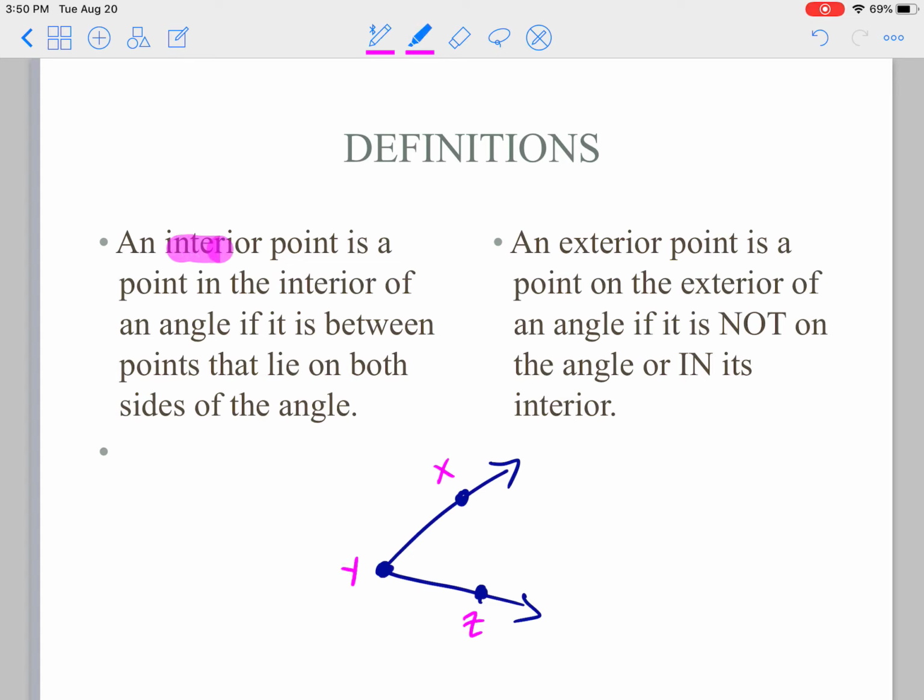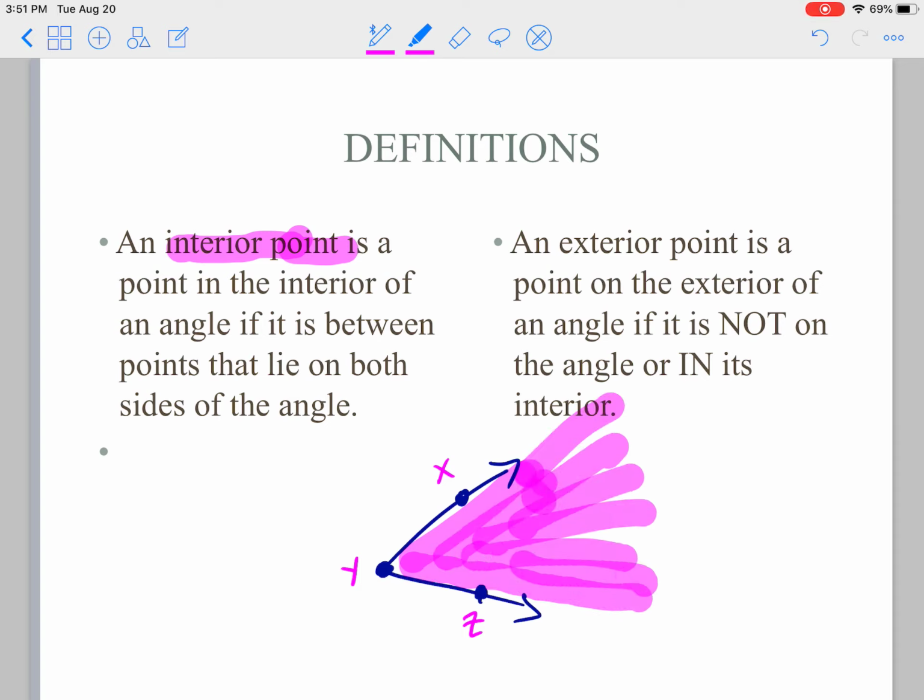And now we need the definition of an interior point. And once again, the interior of the angle is going to be the part that goes forever inside the angle, between the two rays. And a point on the interior of it, I'll call this point I for interior.